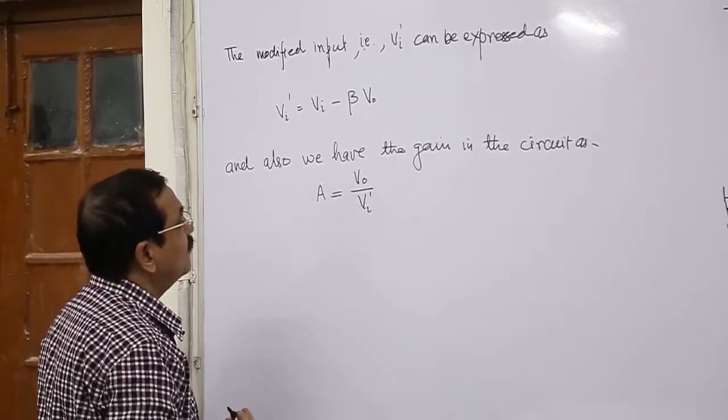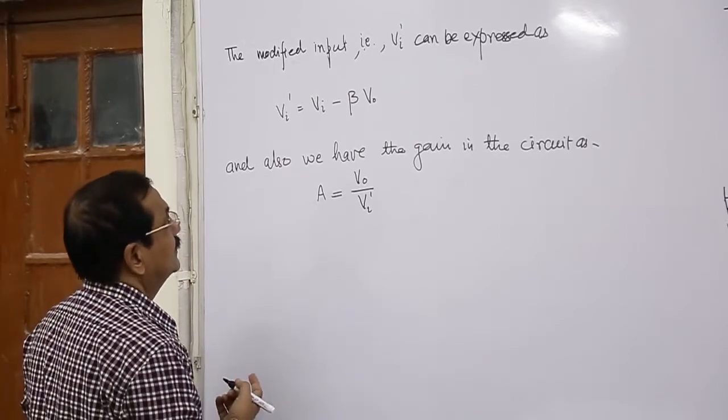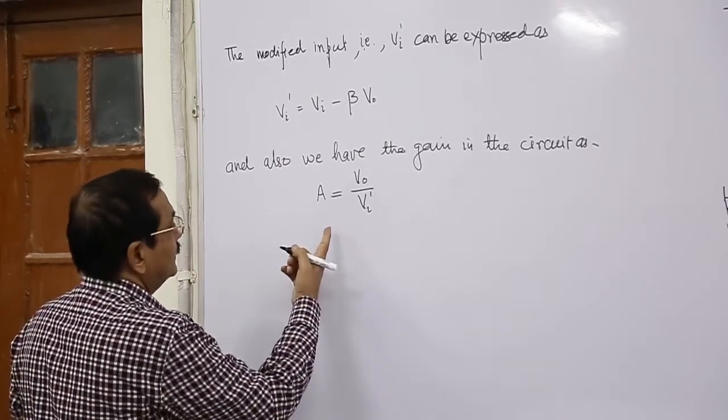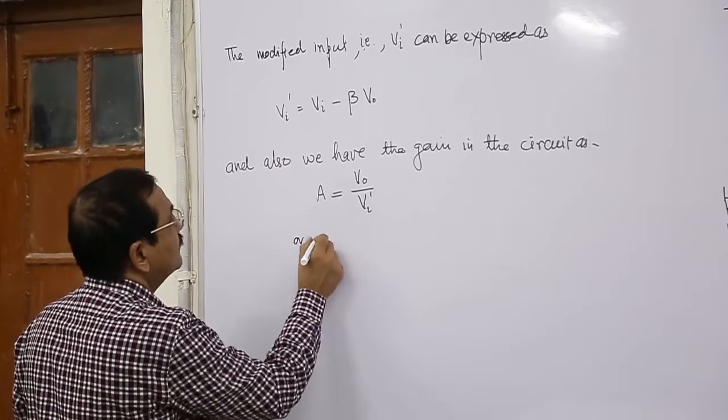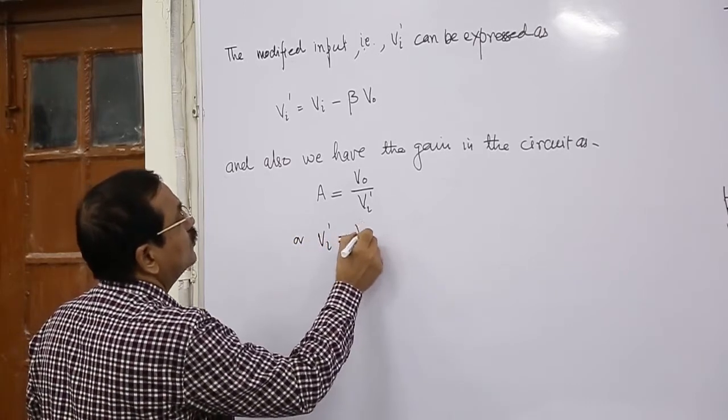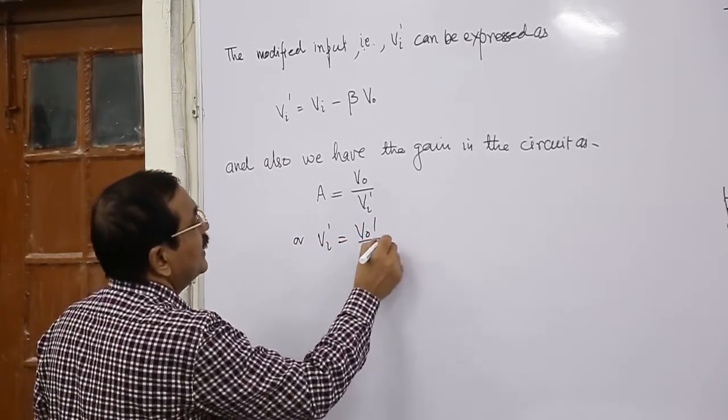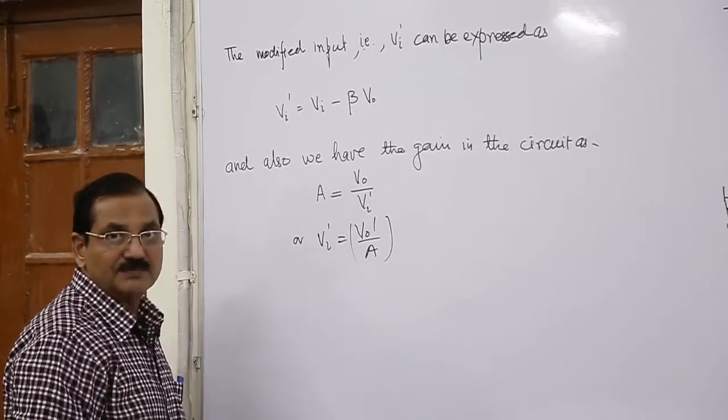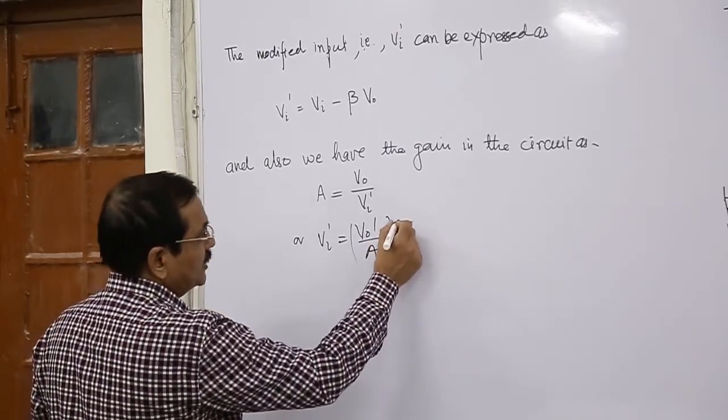And when it is modified, then Vi dash is equal to V0 dash by A due to modification.